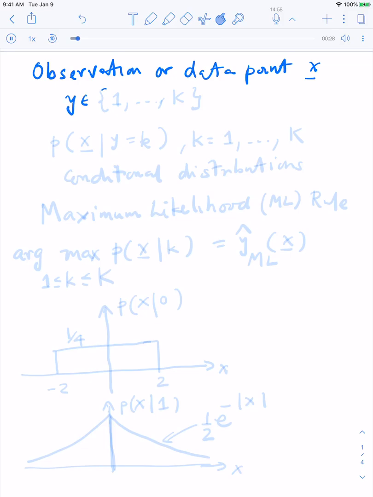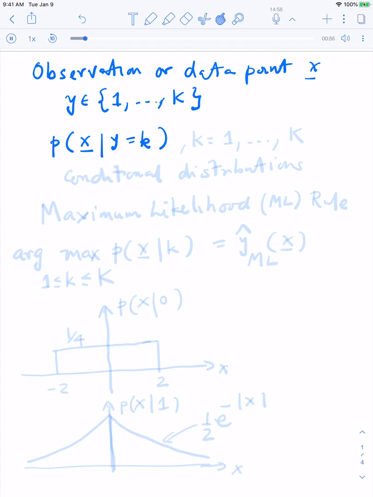The classes we'll label as before as 1 through K, and somehow somebody has given you a model for the data given the class ID. You might get this model through training somehow. We'll discuss that, how difficult that could be sometimes.